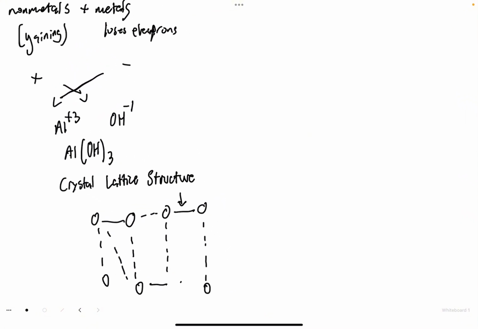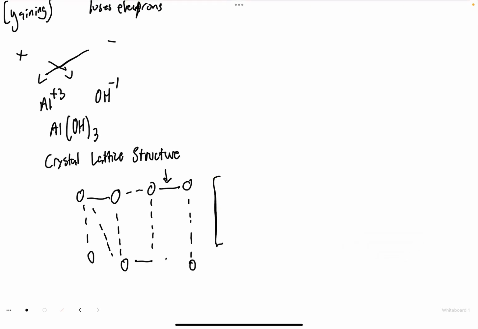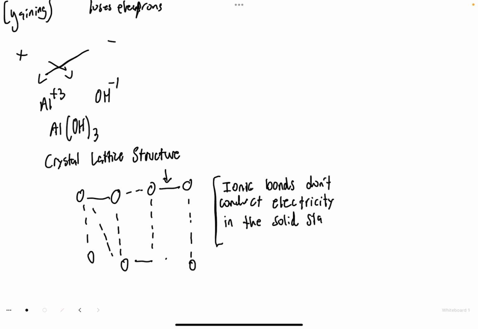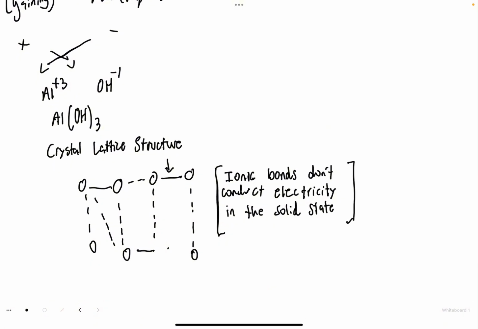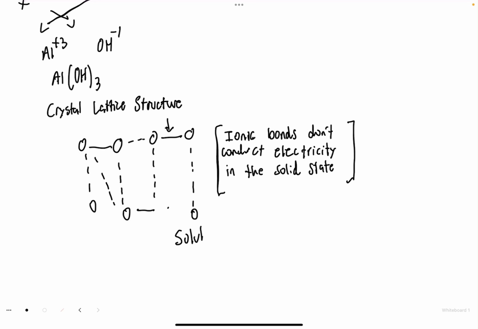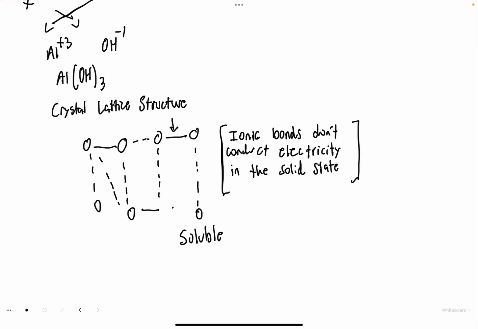And so what that really helps us define is the fact that ionic bonds don't conduct electricity in the solid state. However, since ionic bonds are soluble, they will then be able to move freely.